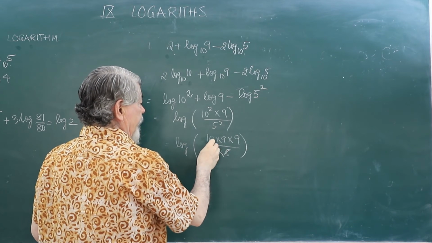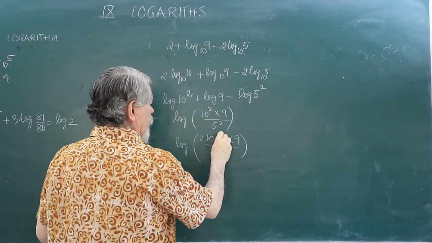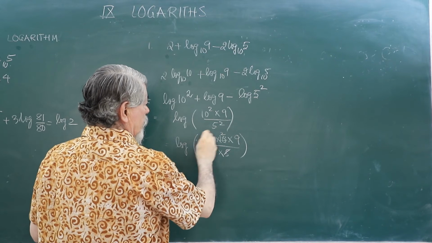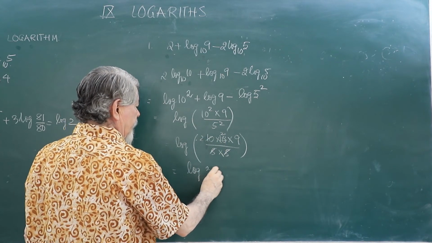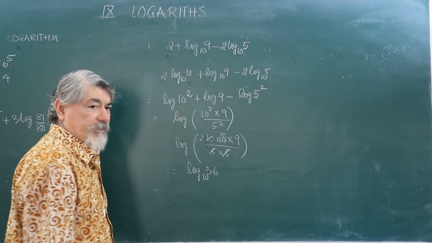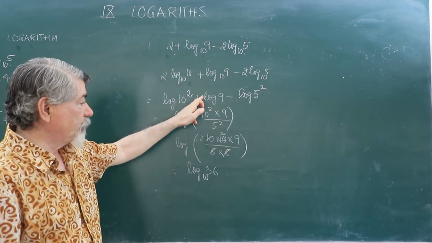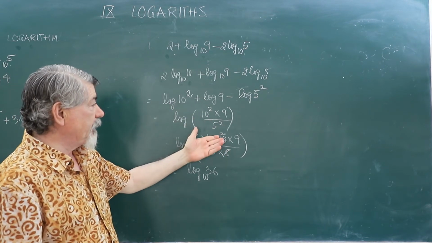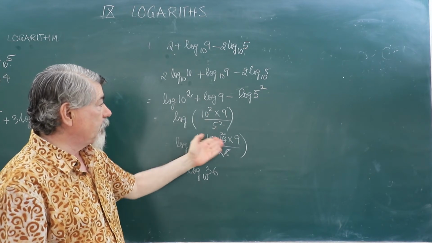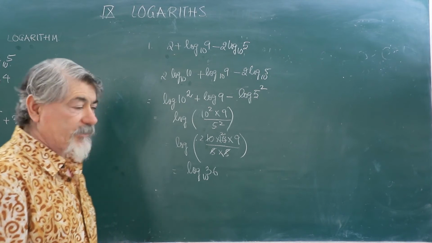So 5 2s are 10, 5 2s are 10. There were 2 10s, the 2 5s, they'll give you 4 in here. 25 4s are 100, 4 9s are 36. So it will be log 36 to the base 10. We got log 36 as the answer.